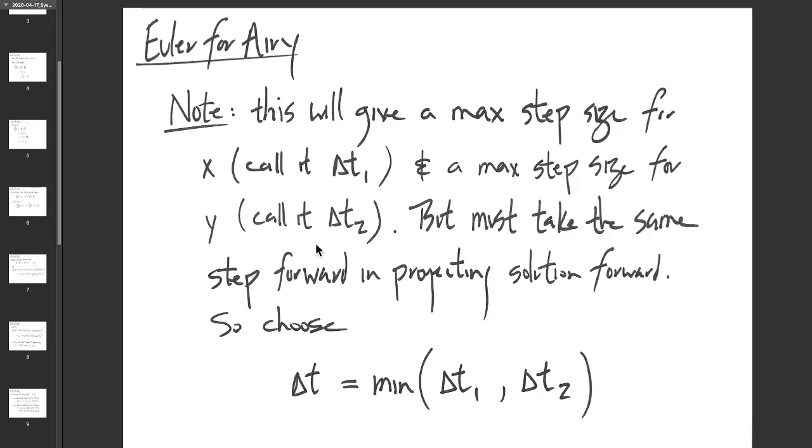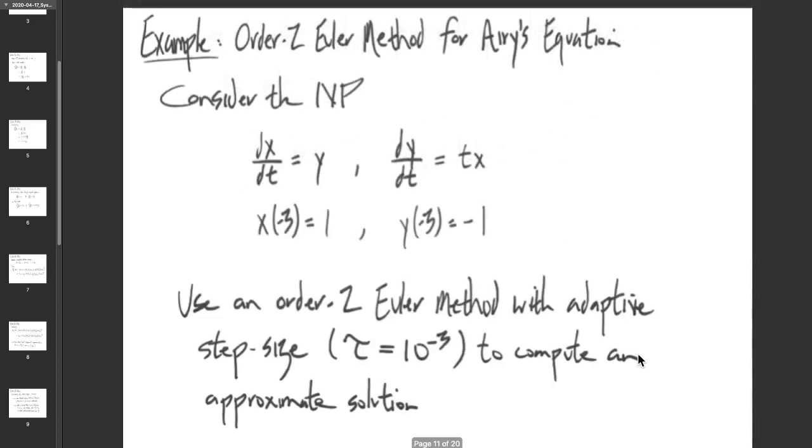But in projecting forward, we need to project both x and y forward the same amount. In other words, we need to use the same time step in projecting both x and y. So to ensure that that time step stays within the error tolerance for both x and y, our time step would be the minimum of the time steps you get from x and y.